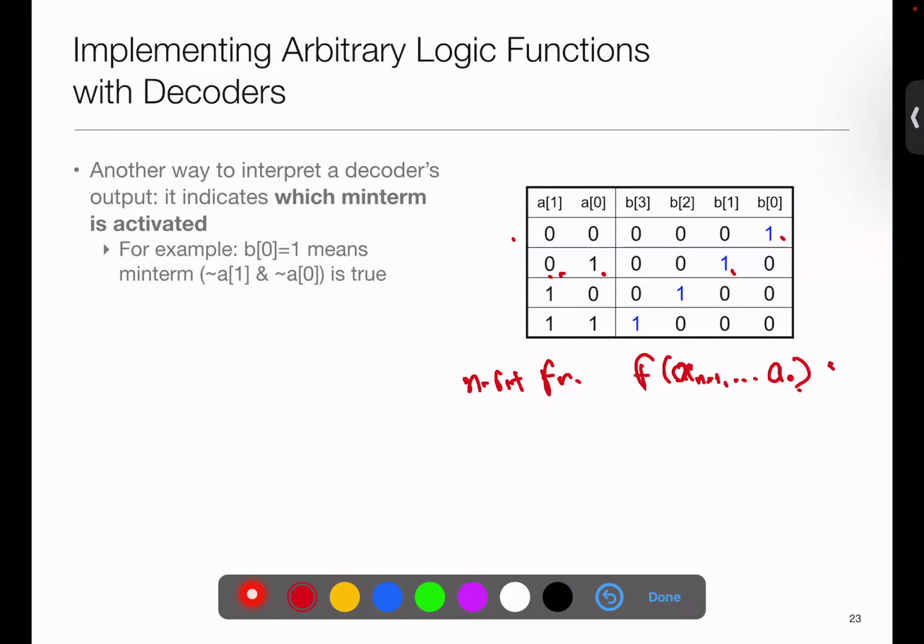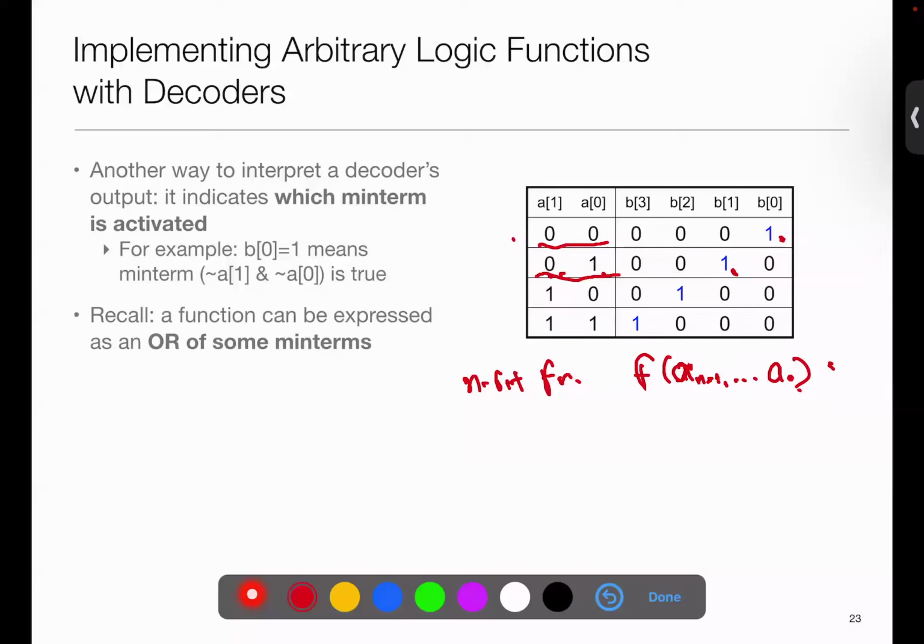So you can think of the decoder as telling us each output of the decoder corresponds to a different minterm. B0 is true when the input is 0, 0. B1 is true when it's 0, 1. So it's basically telling us which minterm.